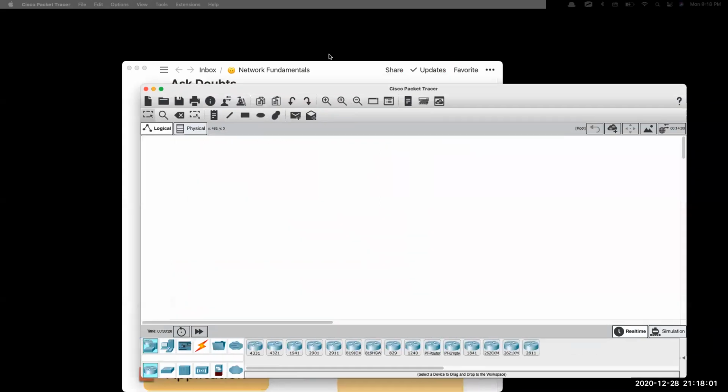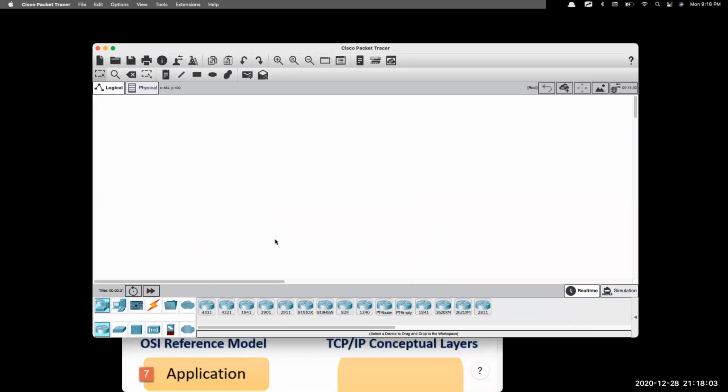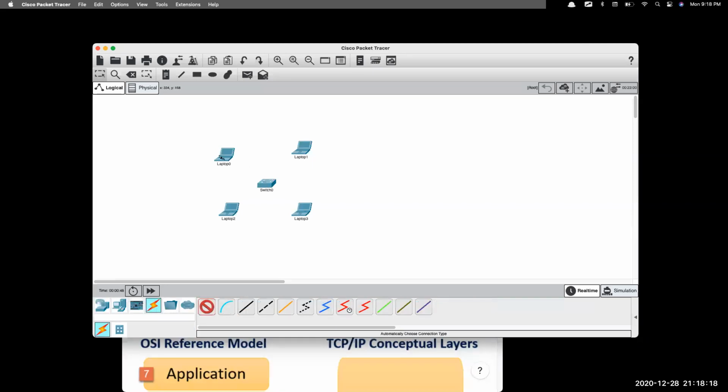This is the software which is known as Cisco Packet Tracer. If you want to do the lab, you can create or add a lot of devices, multiple devices. Here you can create the switch. You can add a cable from here. You can also do the same commands.